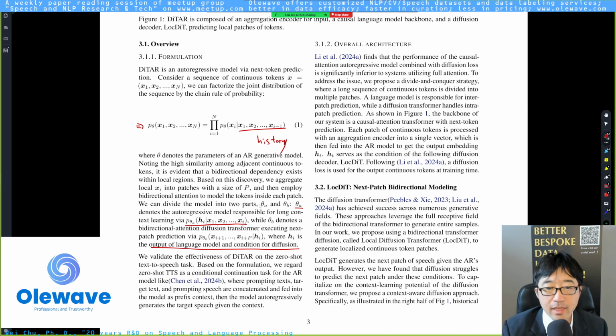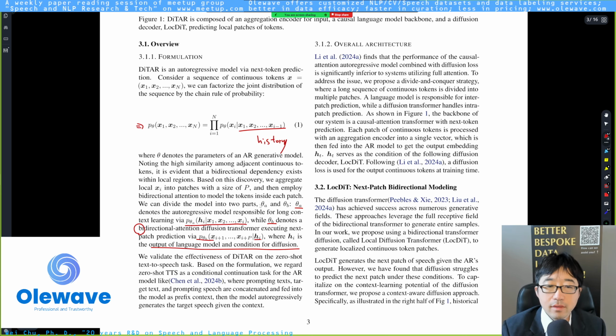And this is model B, a bidirectional attention. It's no longer a single unidirectional attention, so they can use the diffusion transformer, because diffusion transformer uses bidirectional attention. And so the patch of speech samples that are to be generated are dependent on the head.